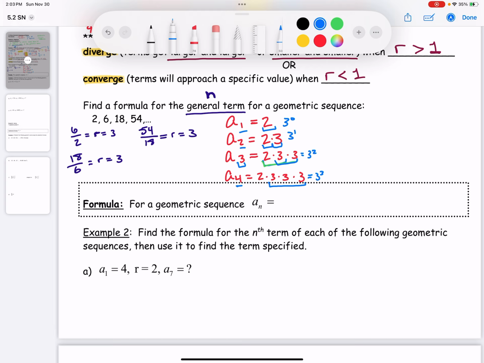Let's say we were looking for the fifth term. Well, I can guess, based on this pattern I'm seeing, that it would be 2 times, and since this number is 5, it would be 3 times 3 times 3 times 3, or 3 to the fourth. So we've got this pattern forming here, where if we're looking for the sixth thing, it would be 2 times 3 to the fifth.